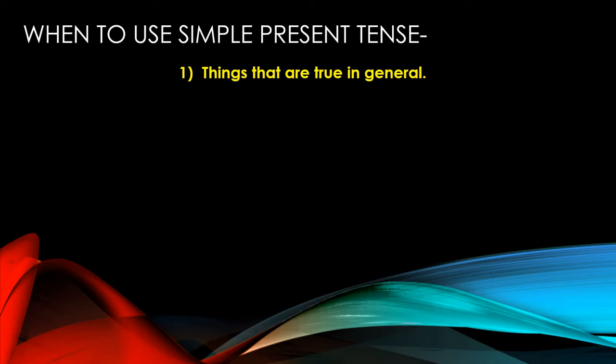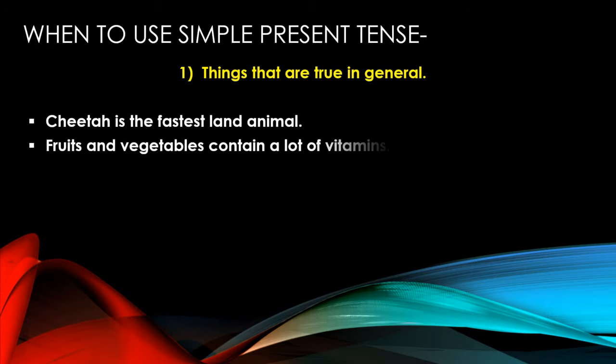See the example. Cheetah is the fastest land animal. Next, fruits and vegetables contain a lot of vitamins. Mr. Jack lives alone. So here you can see we have used the simple present tense in these sentences, as these sentences refer to things true in general.